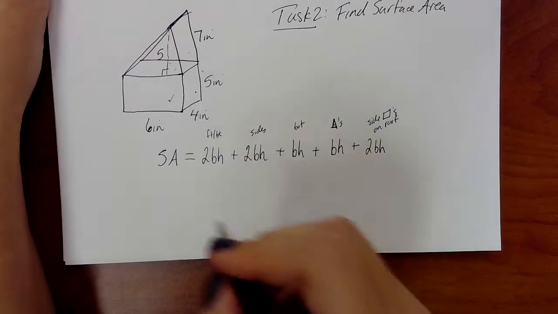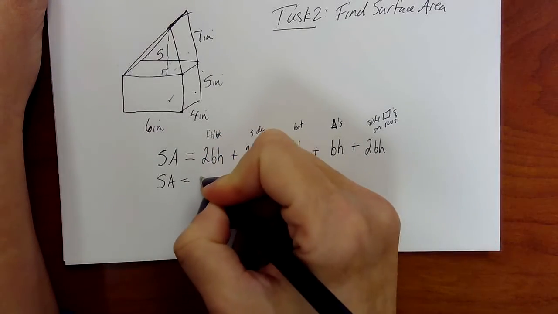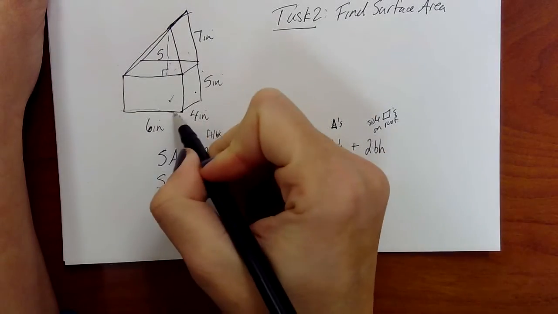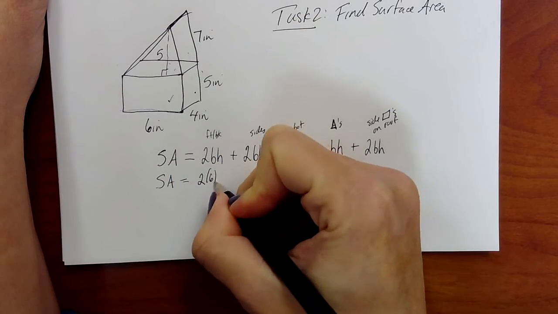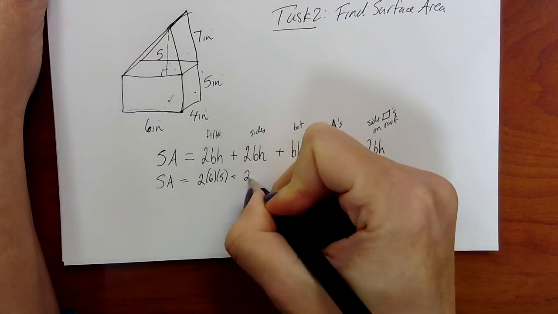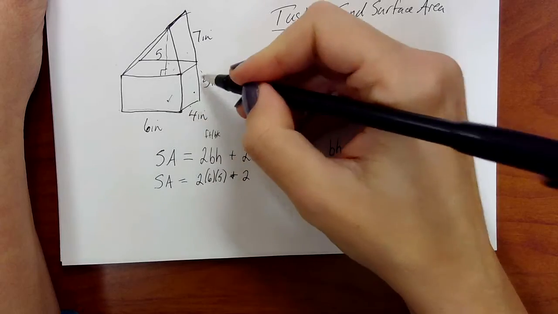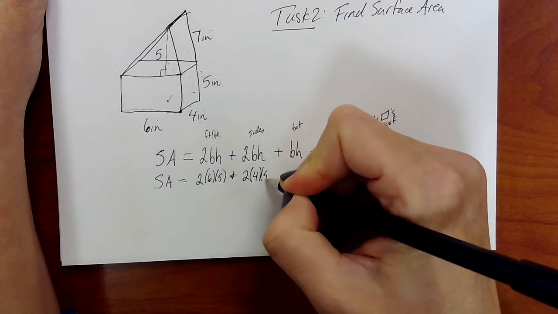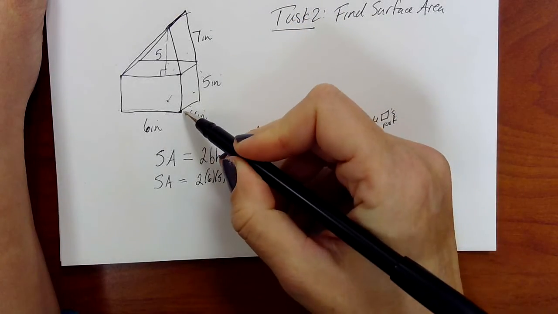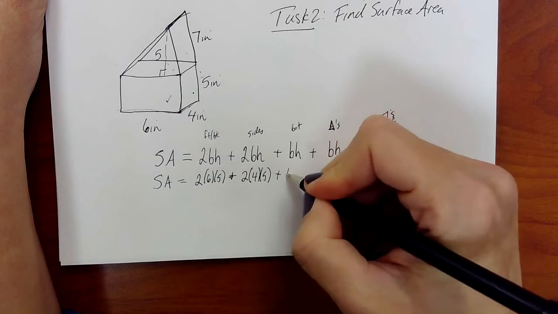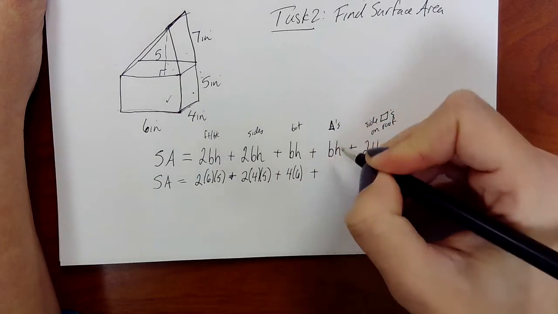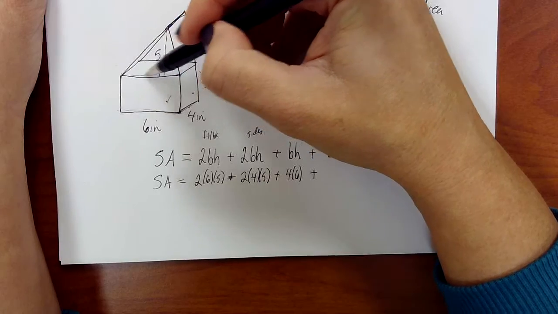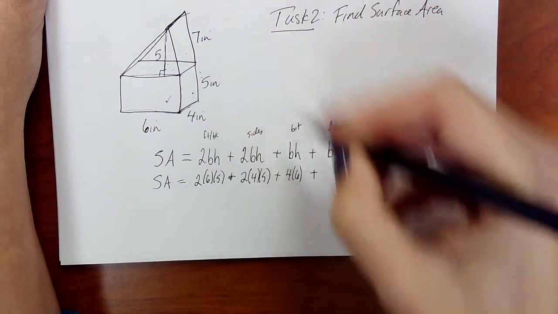Okay, now I can just fill in. So I've got the front and back. That'd be 6 by 5. Plus. Then the sides, 4 by 5. The bottom looks like it's 4 by 6. The triangles are 6 by 5.